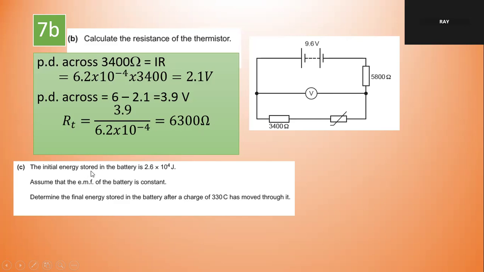Initial stored energy in the battery is 2.6 times 10 to the power 4 joule. Assuming that the EMF of the battery is constant, determine the final energy stored in the battery after a charge of 330 coulomb has moved through it. Energy spent is EQ.